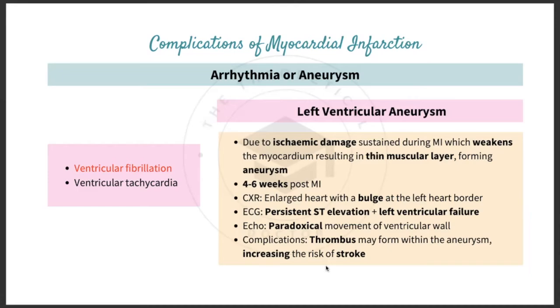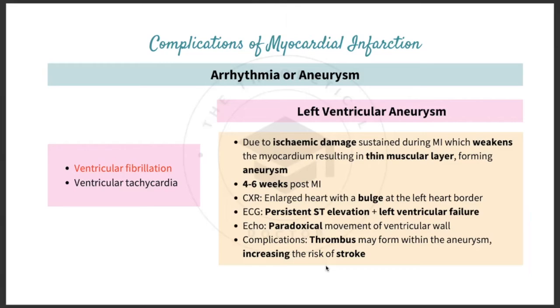This happens 4 to 6 weeks post-MI. On a chest x-ray, you would see an enlarged heart with a bulge, usually on the left heart border. On ECG, there is persistent ST elevation plus left ventricular failure. And on echocardiogram, you would notice paradoxical movement of the ventricular wall.